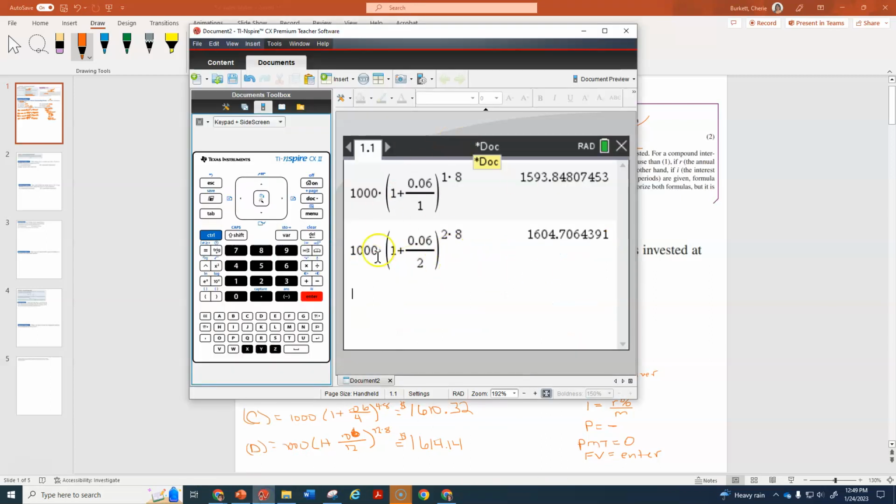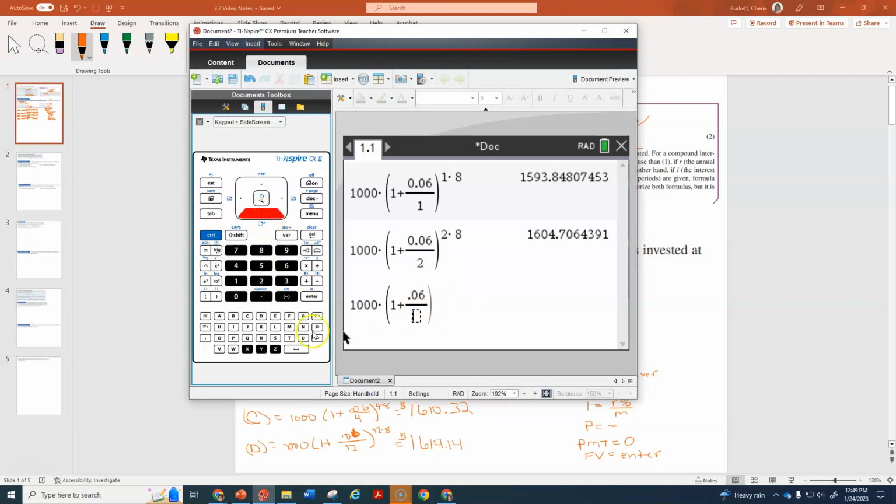Of course, you could do it on the graphs page and just do the same thing that we did on that Desmos calculator. Type in $1,000 and then do times, open parentheses, 1 plus, there is a fraction bar, it's right there, control divide, 0.06.